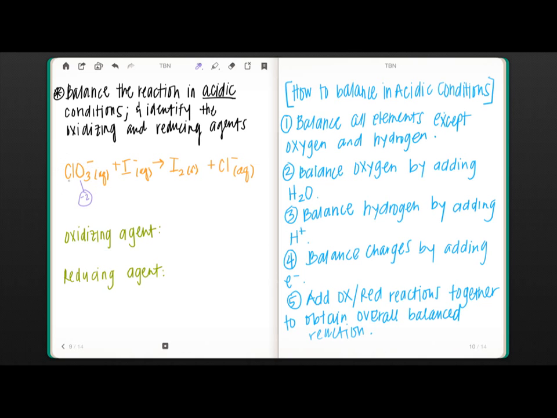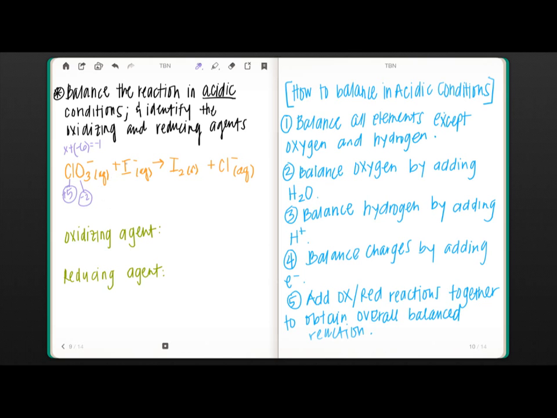So let's call chlorine X. X plus -6 should equal a -1 charge overall. In order for this to equal each other, X has to be 5. So chlorine here is +5.